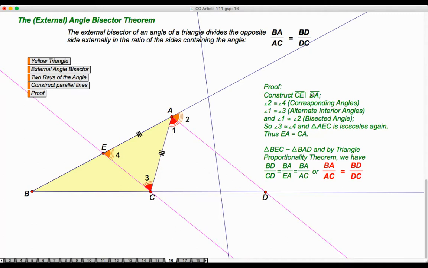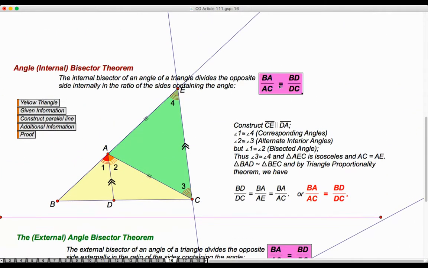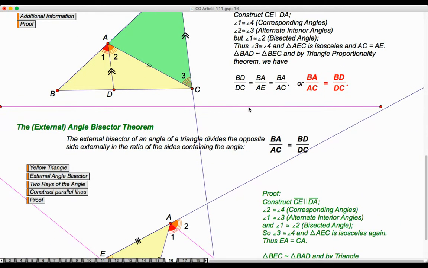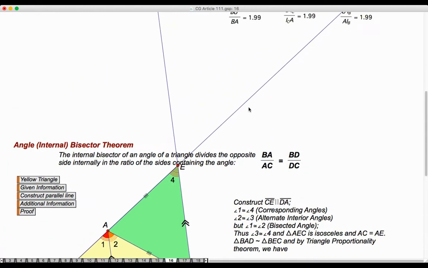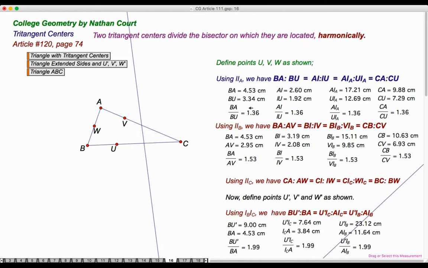Okay, and hence we have the internal and external triangle angle bisector theorems. One is for internal and one is for external, but they are totally identical to each other. And thus, all I need to do is to apply that to this particular theorem.